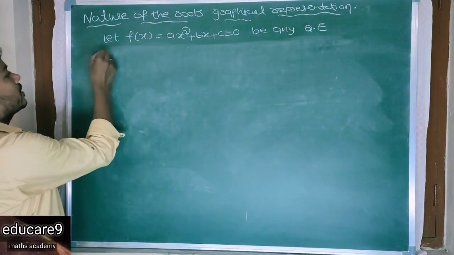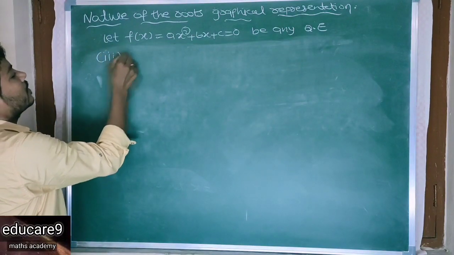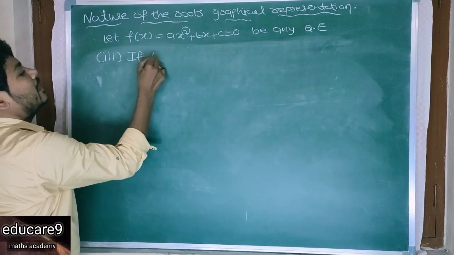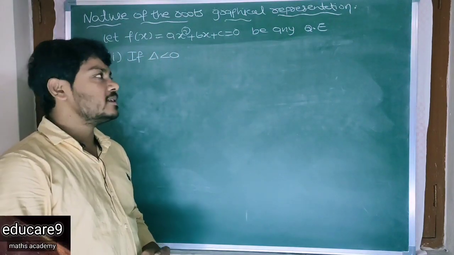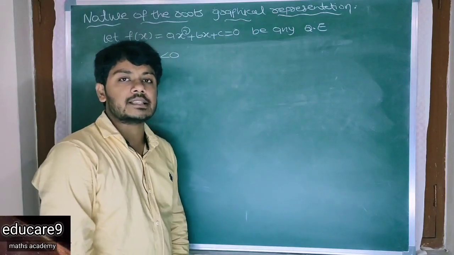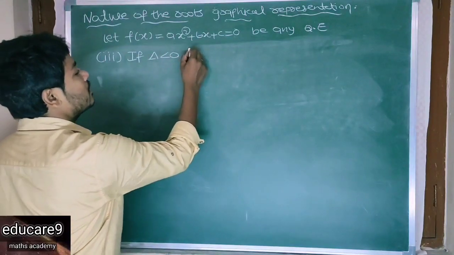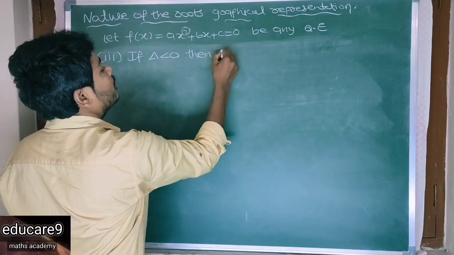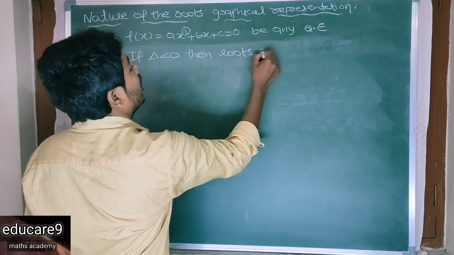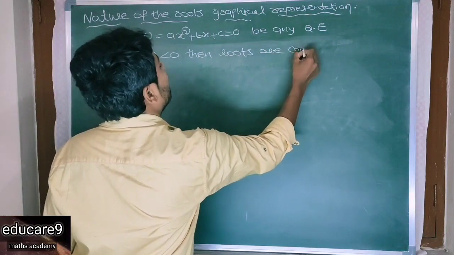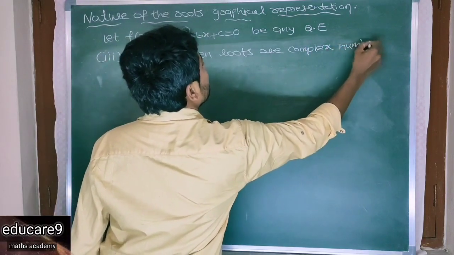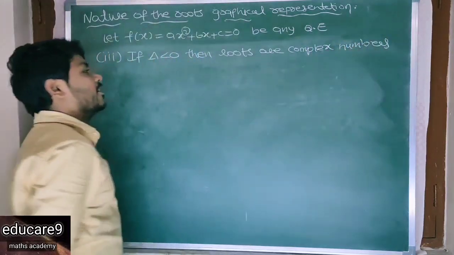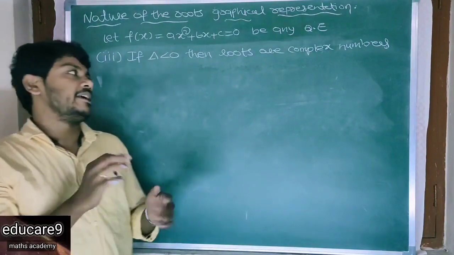So the last case, if delta is less than 0, in that case roots are complex numbers. So means the given graph does not touch the x-axis.